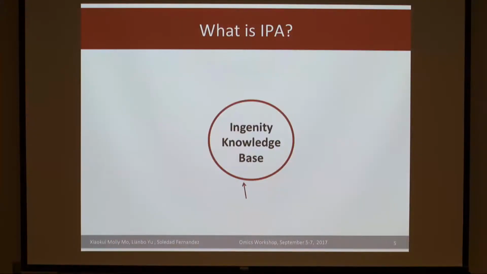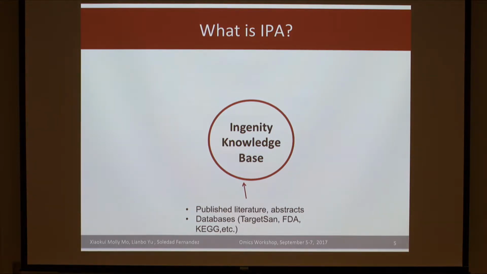What is IPA? IPA contains a big database called the Ingenuity Knowledge Base. The company abstracted a lot of information from published literature, conference abstracts, and patents, and also from databases, for example TargetScan, which you use for finding microRNA targets.